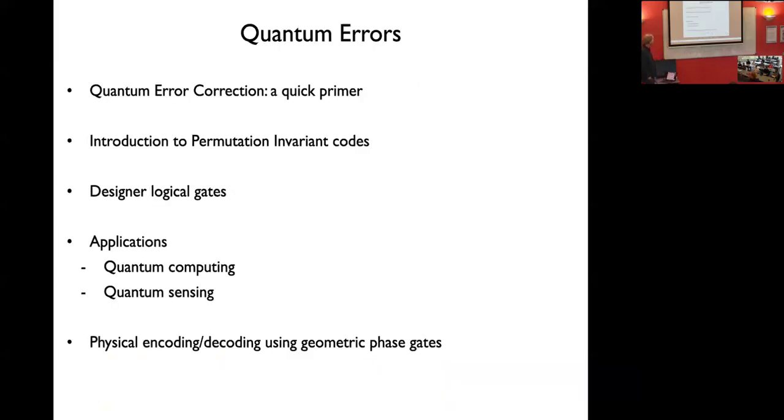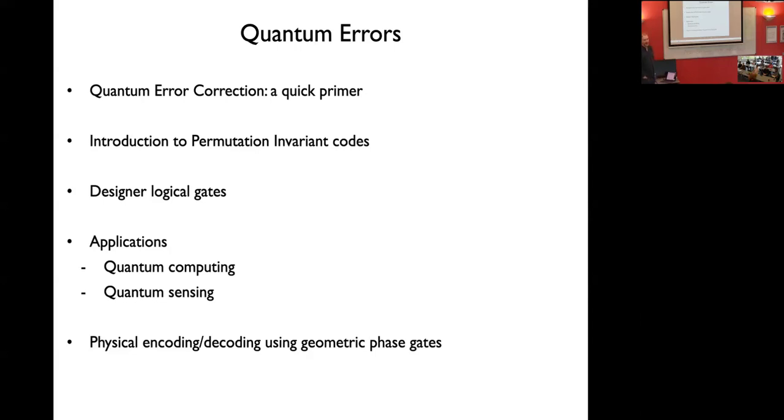So I'm just going to give an extremely brief primer on quantum error correction, just so we're on the same page. And then an introduction to permutation invariant codes. There are several different types of them, and I'm just going to focus on a couple types as examples.